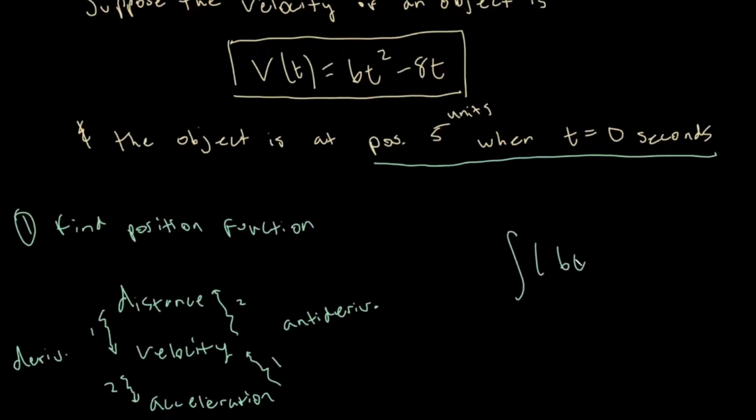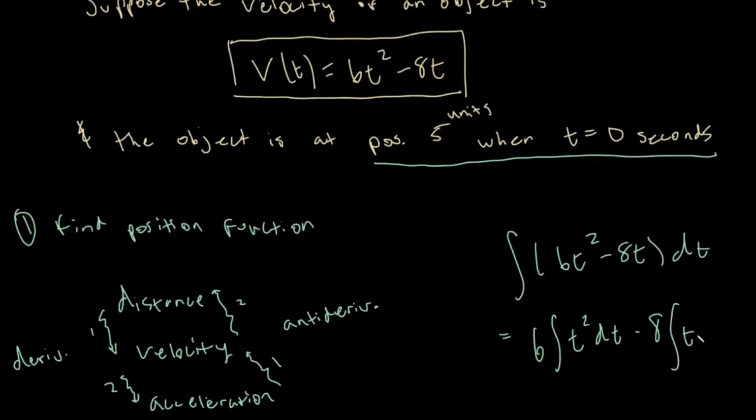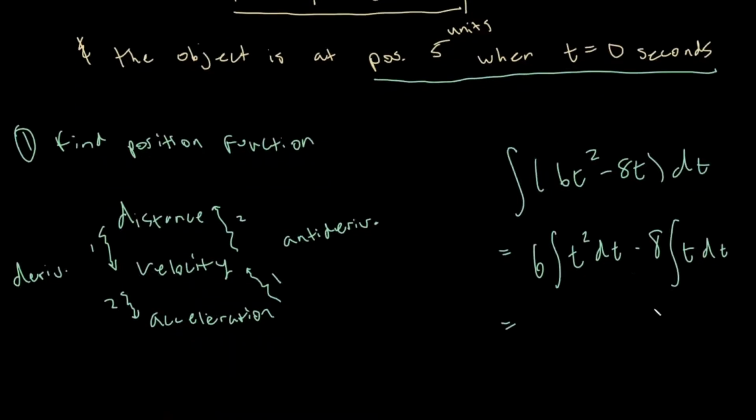So the integral of 6t squared minus 8t dt. So we get 6 integrals of t squared dt minus 8 integrals of t dt. Increase the exponent on t squared, and it becomes t cubed divided by 3.